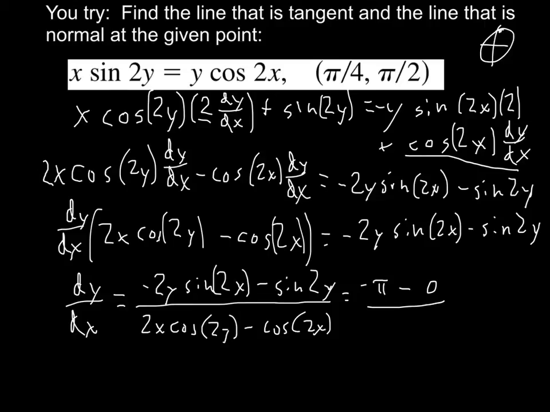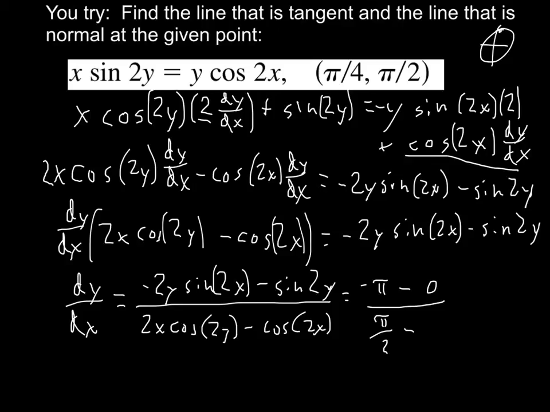That would give me pi over 2 times the cosine of 2y. Well, 2 times y is just pi. Cosine of pi is 1, so that just becomes 1. So that's just pi over 2 times 1, which is pi over 2, minus cosine of 2x. Well, x is pi over 4.